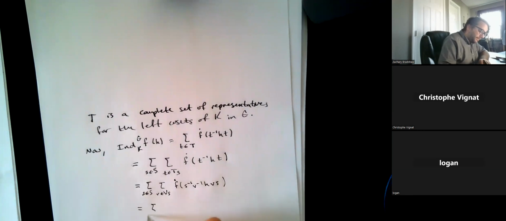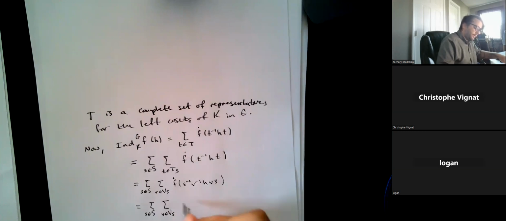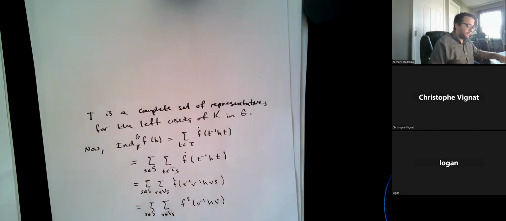So this is the sum over S in S and the sum over V in V_S of F_S of V inverse H V. That's my definition of F_S.